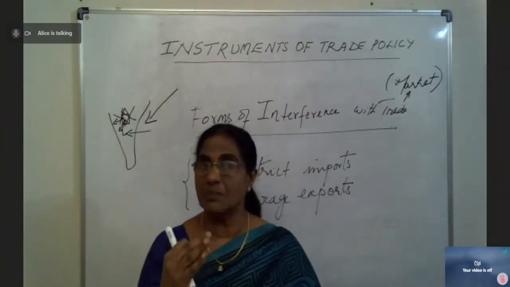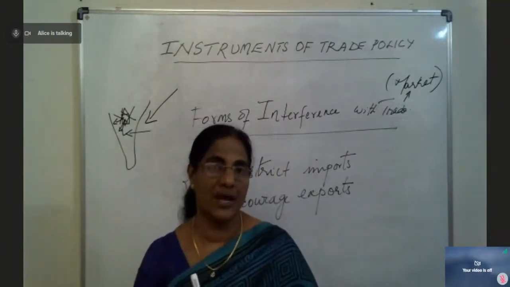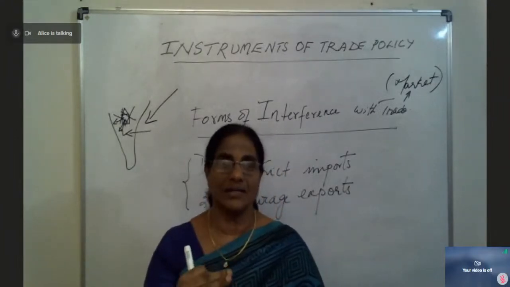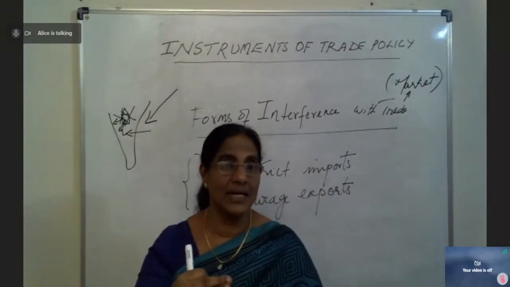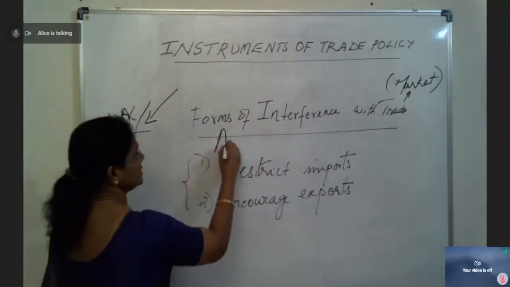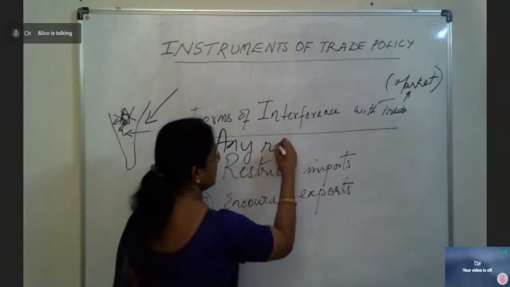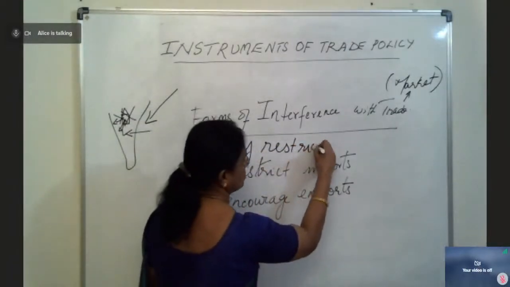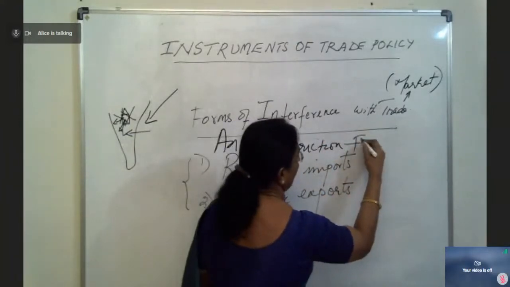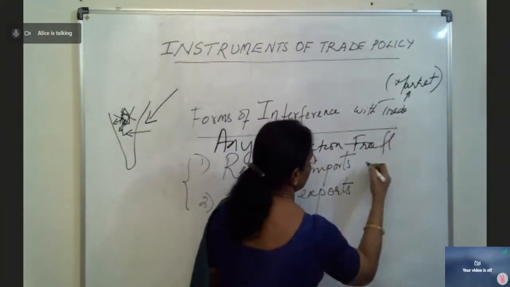And what is a trade barrier? These are some of the terms we have to understand before we go to the lesson. What is a trade barrier? A trade barrier is any restriction that is imposed that restricts the free flow of trade.